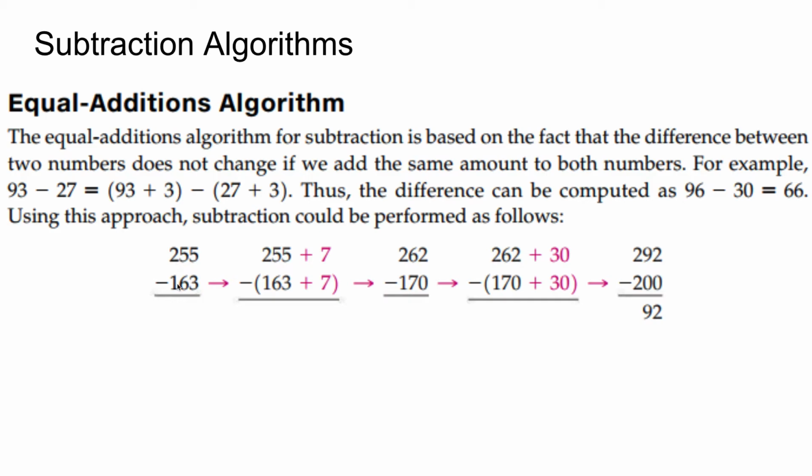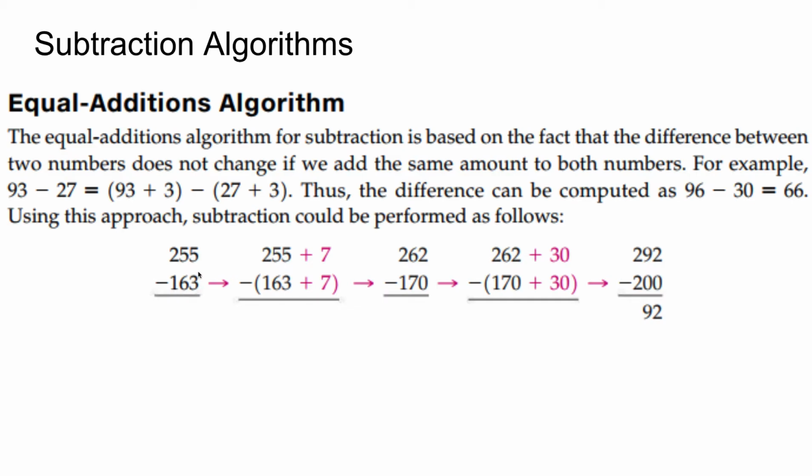If we are taking away 163 from 255, I need to calculate that. But if you have 170 instead, it's a little bit easier to take away 0 from 2, right? Rather than 3 from 5. So we're gonna use the compensation method here.